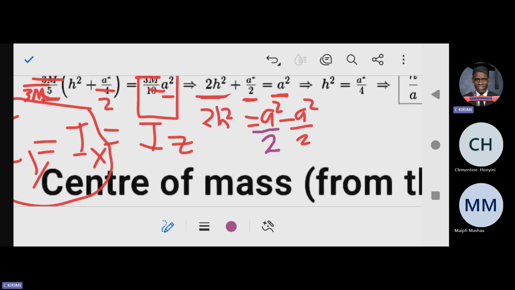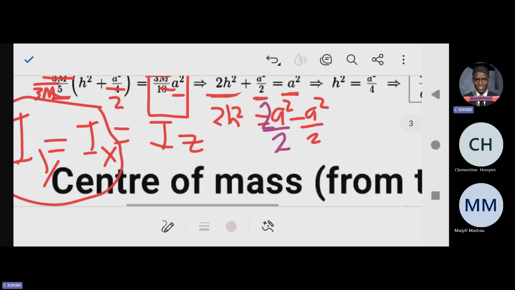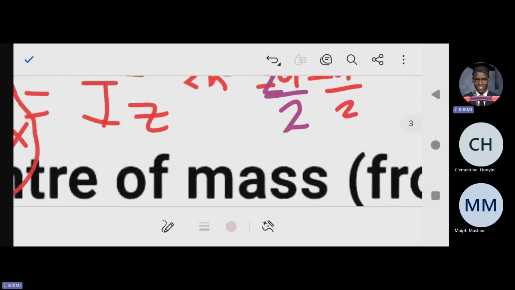Because if my denominators are the same, then I can subtract the numerators. So I put a 2 on the denominator and a 2 on the numerator, without changing the value of A squared. It's still A squared. So my answer is 2A squared minus A squared, I get A squared. Then the denominator stays the same.